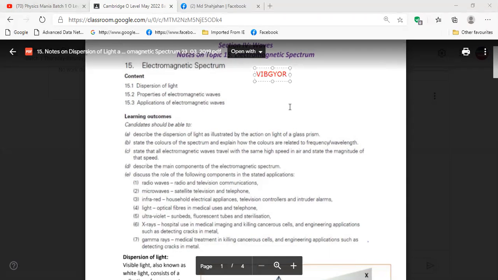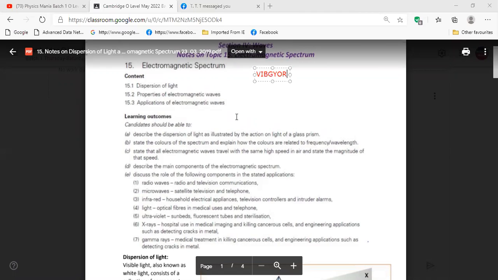Is it clear? Yes, sir. Okay, now you see the learning outcomes here. All the learning outcomes of this topic, and that is electromagnetic spectrum. We say dispersion of light and electromagnetic spectrum together.